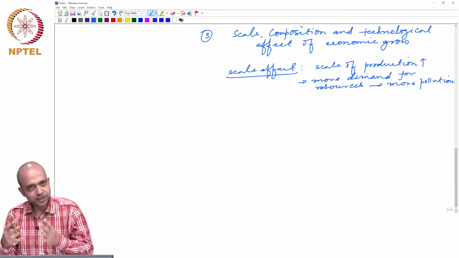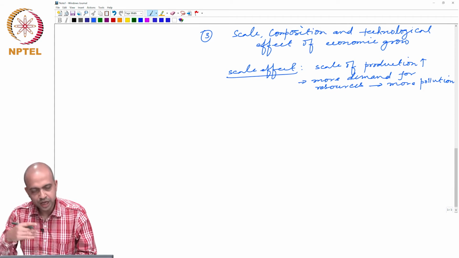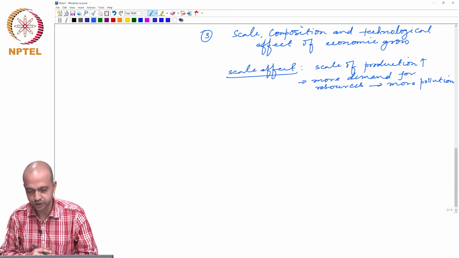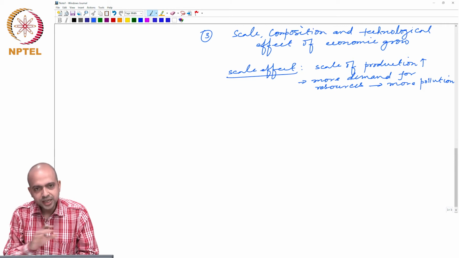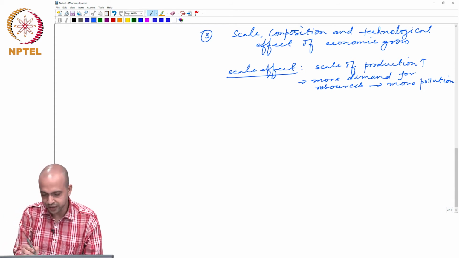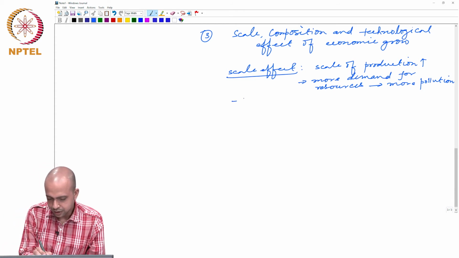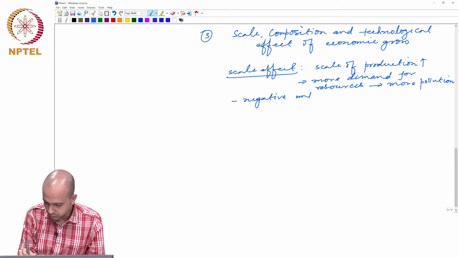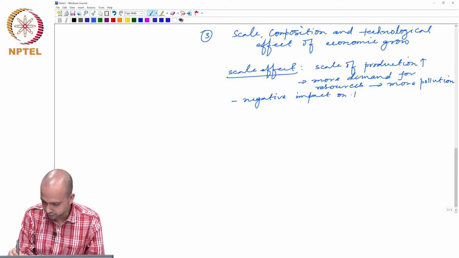We will extract more resources from the environment, and we will generate more pollution as well. So, the scale effect of growth is actually negative. It gives a negative impact on the environmental quality.